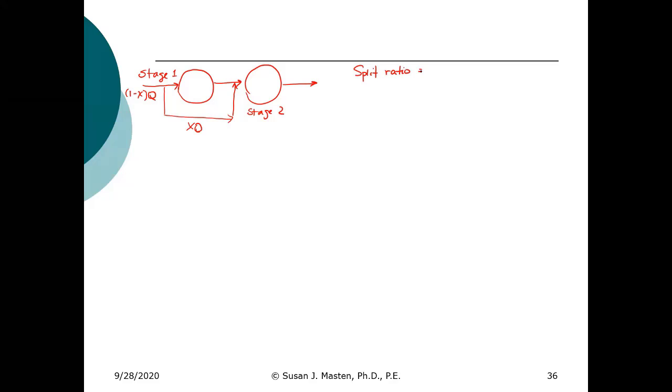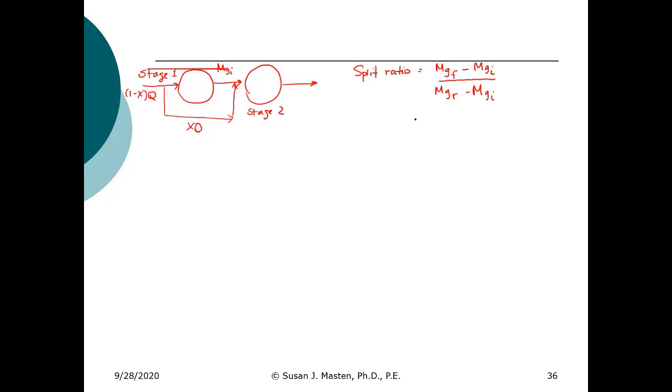And we defined the split ratio on Friday as the magnesium concentration in the final treated water minus the magnesium concentration in the initial, that's the initial level coming in from stage 1, so it's the level here, divided by the magnesium concentration in the raw water minus that initial level.